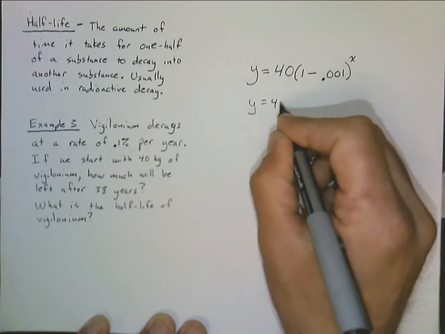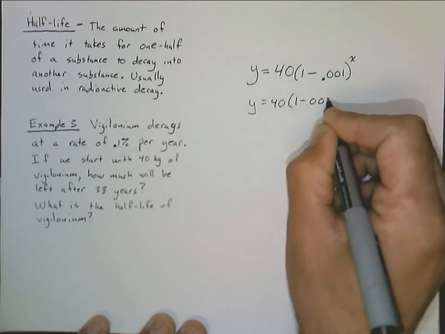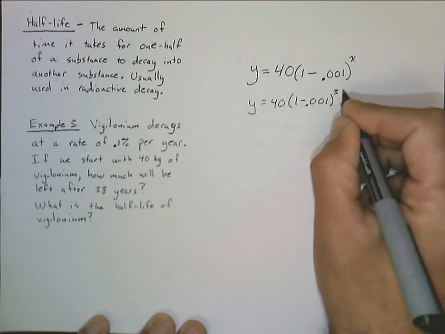Y is equal to 40 times (1 minus 0.001) to the power of 38.